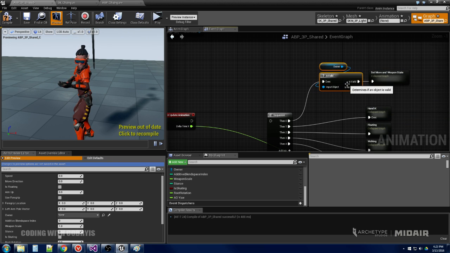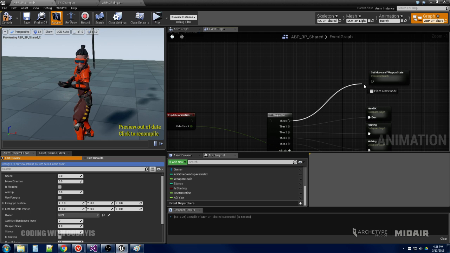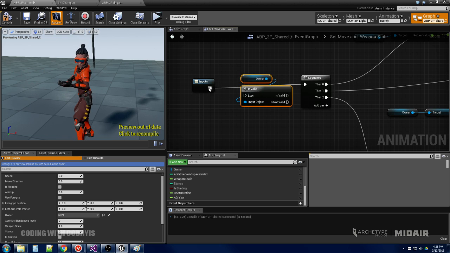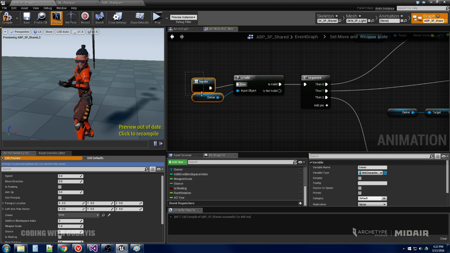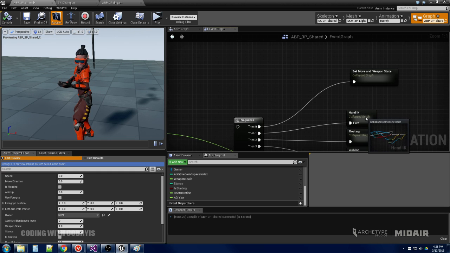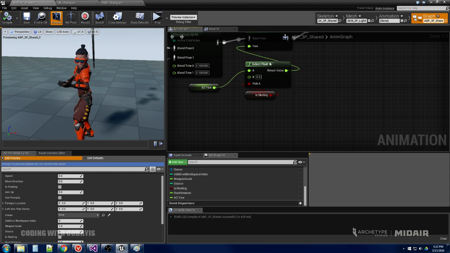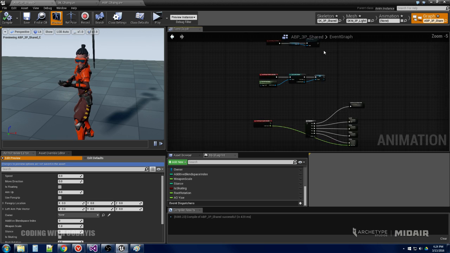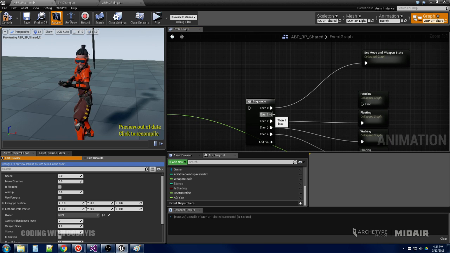In fact, I'm gonna take this out, open this up, put this little block in here. All right. Next one, hand IK, not being used. In fact, I'm just gonna cut that guy out for now.